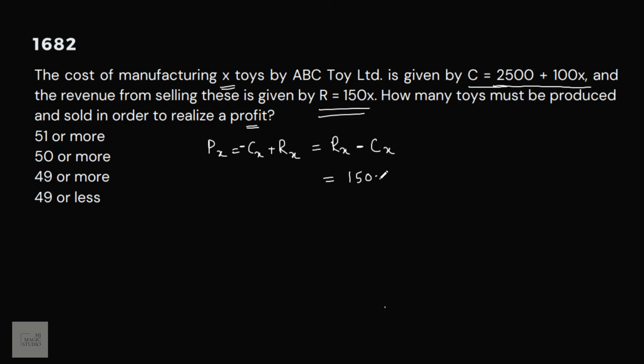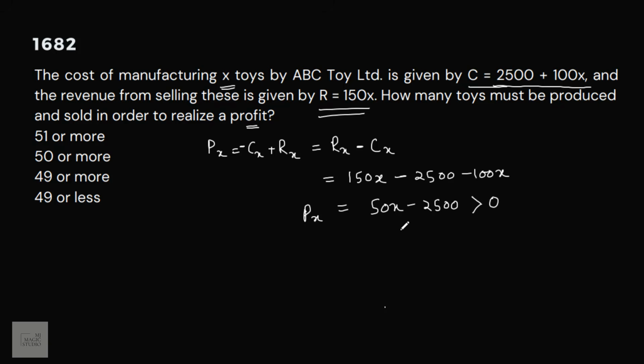Revenue function is 150x minus 2500 minus 100x. So that is 50x minus 2500. You will realize profit when this profit function is greater than 0, because equals to 0 means there is no profit, no loss.